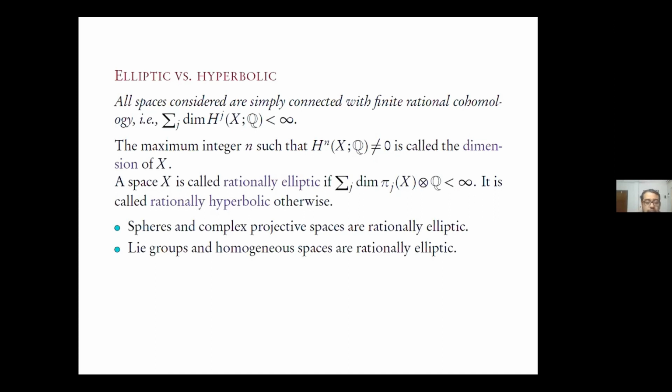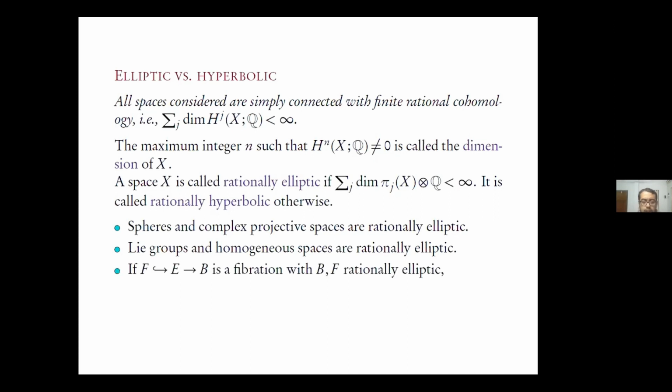One can show, in fact we did talk about this a little bit, that Lie groups and more generally homogeneous spaces, spaces of the form G mod H, where G is a Lie group and H is a closed subgroup, are also rationally elliptic. Meaning take the rational homotopy groups, compute the dimension, add them all up, that's finite.